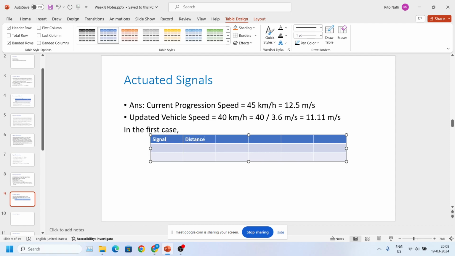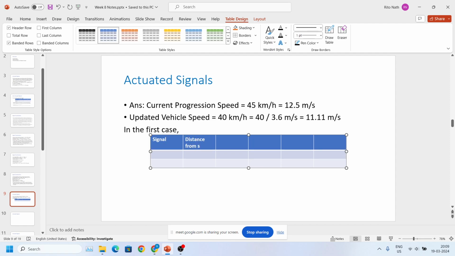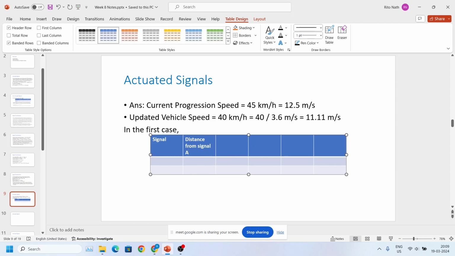This is distance from signal A. Then you have first vehicle green start, last vehicle green end.